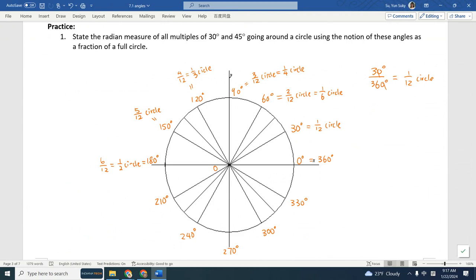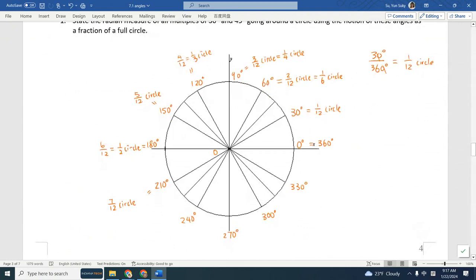So 7/12 of a circle. Next one, 8/12, which is, what's the common factor? 2/3, yes, 2/3 of a circle.